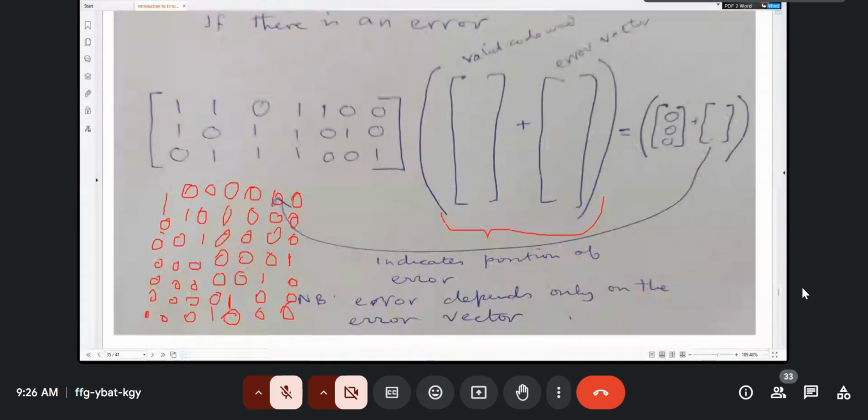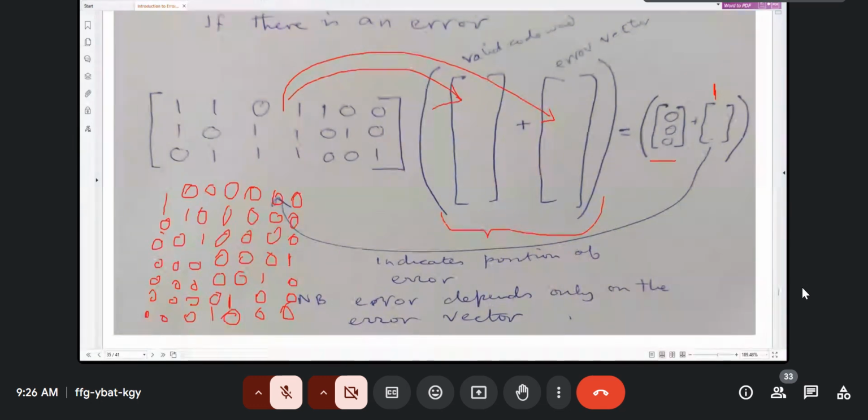So if your received vector is a combination of the valid vector with 1 bit error, which means only 1 bit has changed, then if you multiply this with their respective column vectors, which means the valid code word transpose and the error vector transpose, multiplying this and this will give us this, and multiplying this and this will give us this.